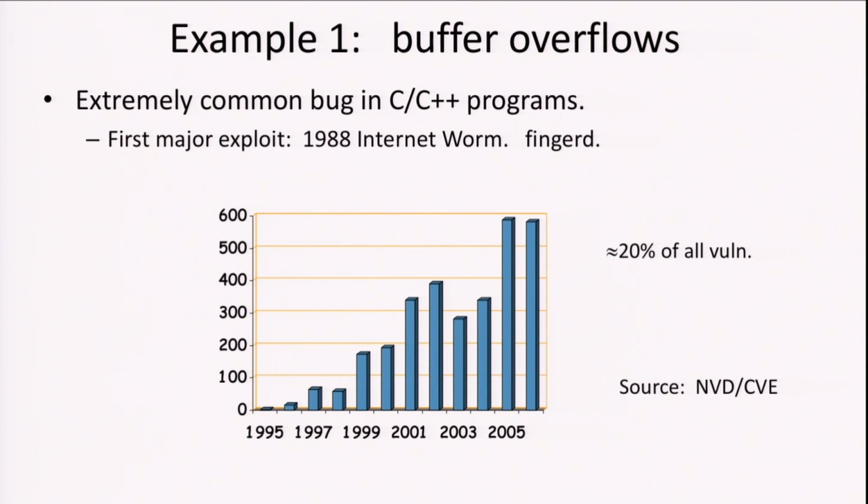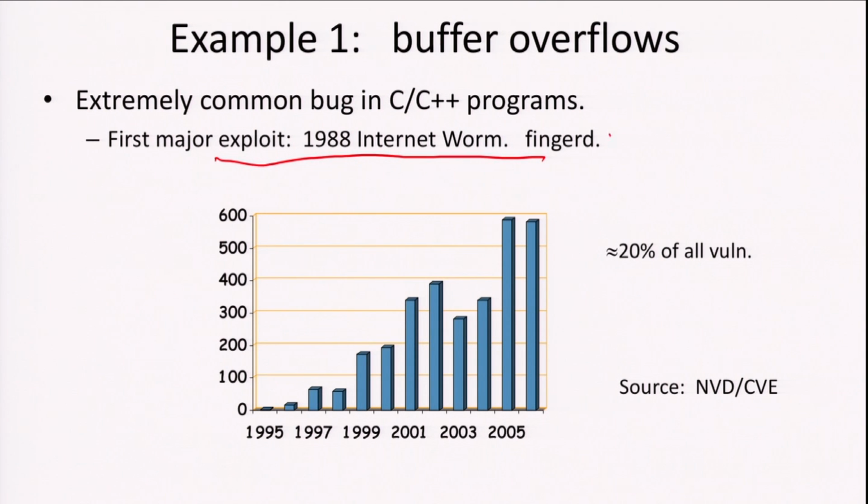So buffer overflow is one of the most common vulnerabilities, and the first major exploit was shown in 1988 by the Morris Worm. Morris found that there used to be a program in Unix called finger, and by finger you could see who is logged into the system, whether that person has logged out recently, what is the email address, and so on.